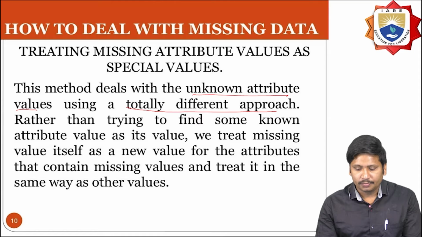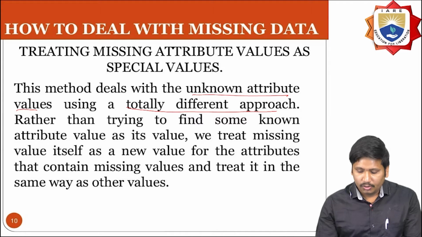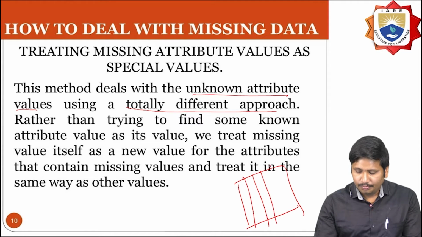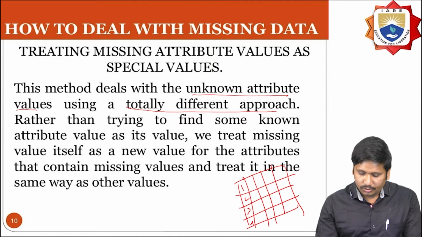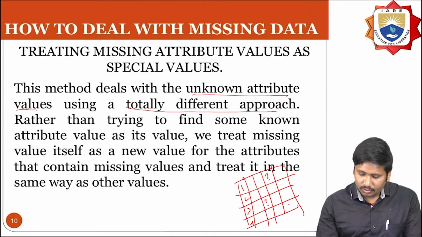Suppose the data is mismatched, then it is filled manually with some special values, right? Suppose in this table I have 4 rows and I'm getting some missing values like this.